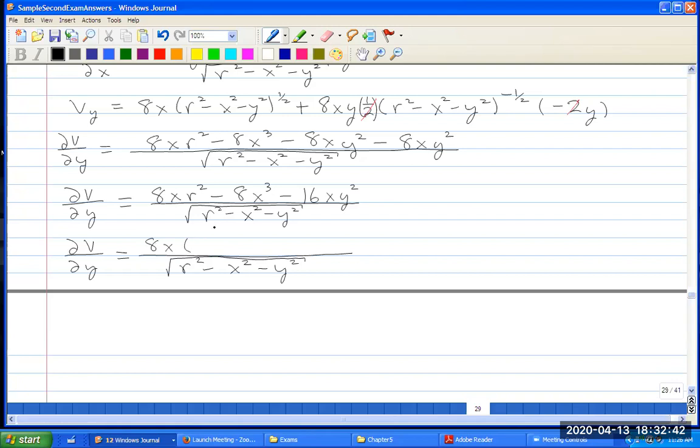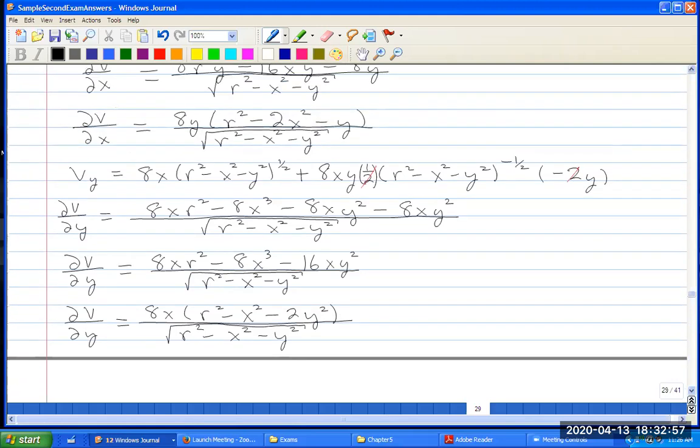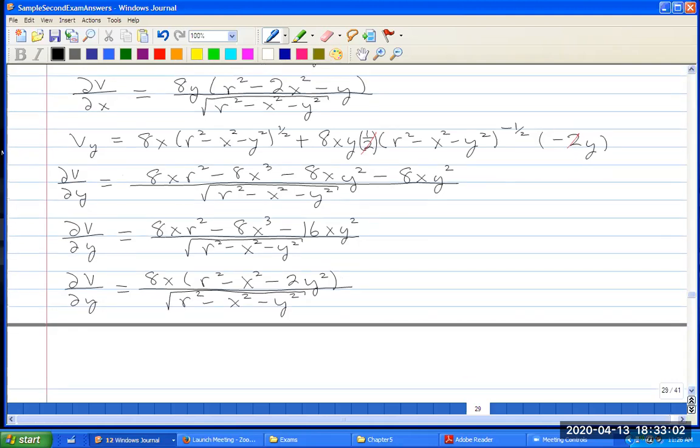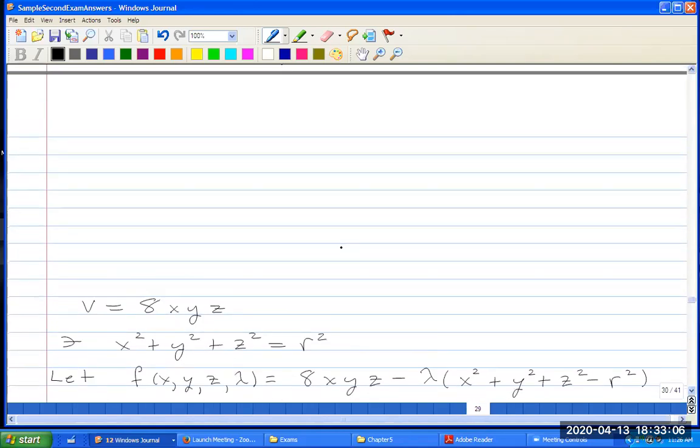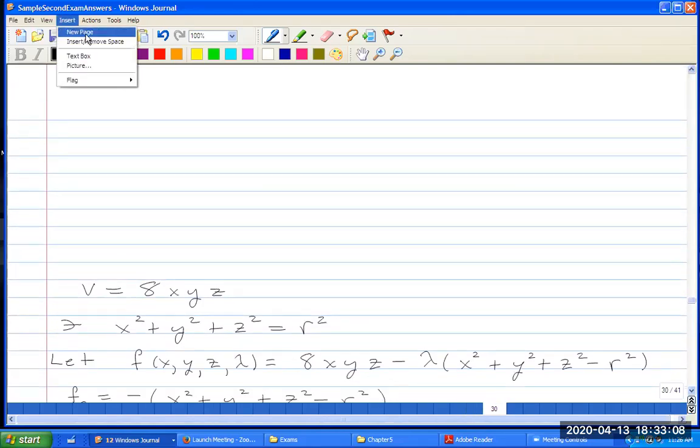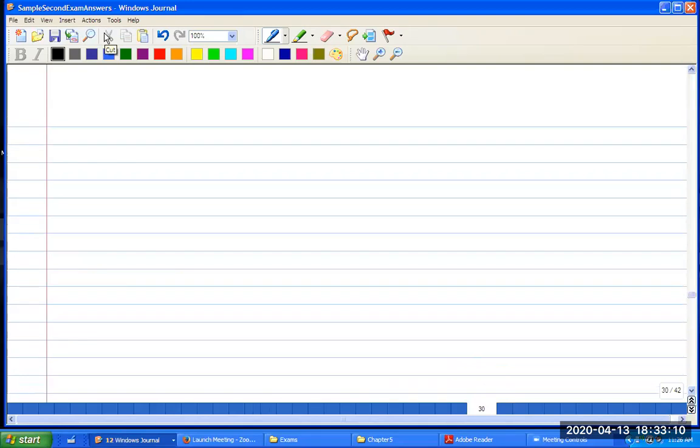What remains is r squared minus x squared minus 2y squared. Okay, good. Let's set each of these equal to 0. I need more room here. Let's determine first the critical numbers.